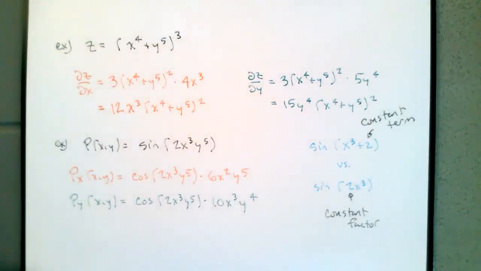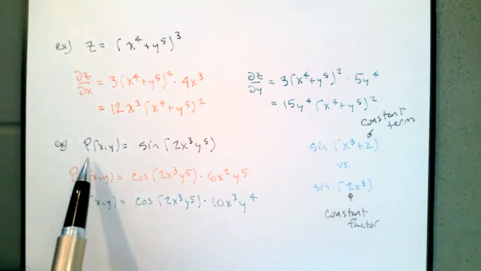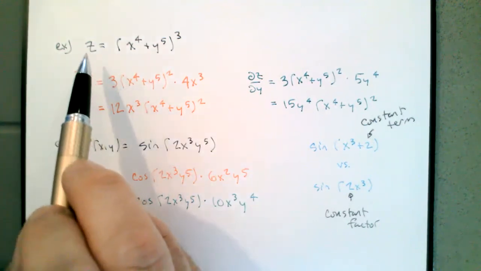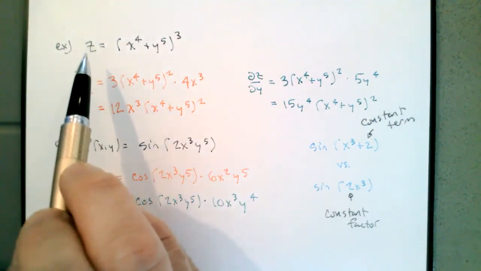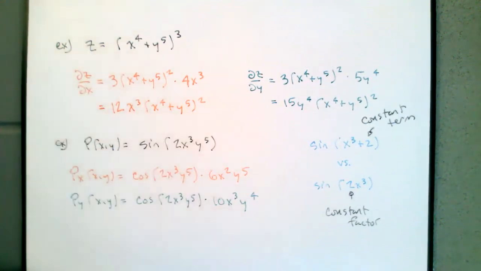The px and py notation is for when we have a named function. Since I just used the variable z, I didn't name it z of xy. That's why I used the Leibniz notation here. Got it, thank you. If you put zx, zy, everybody would know exactly what you're talking about.